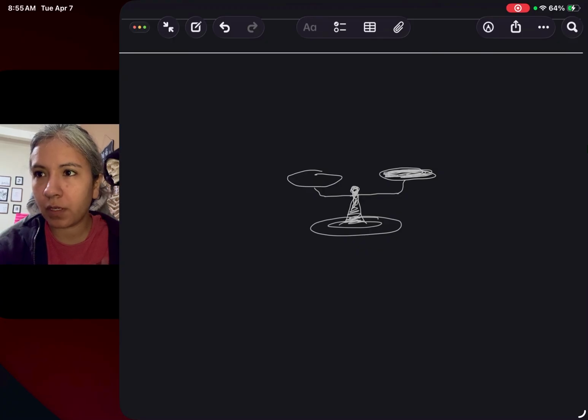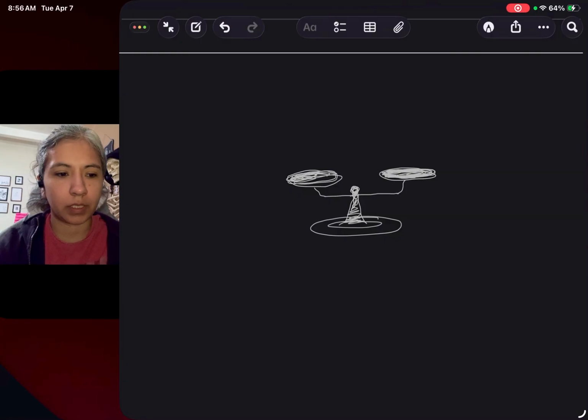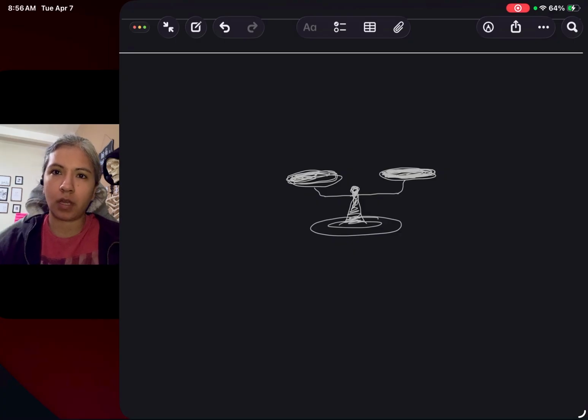So this is a balance. Whenever we balance equations, or balanced equations are called that because the two sides of the equation balance each other.